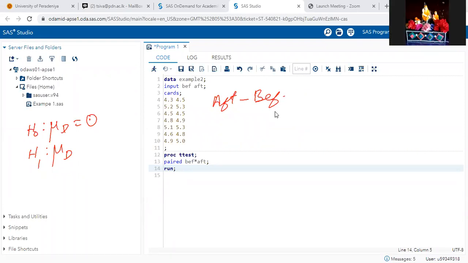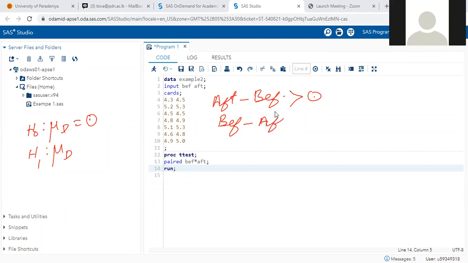Greater than 0. Suppose I have it the other way, if there's an effect of the hormone, how can we write it in relation to 0?